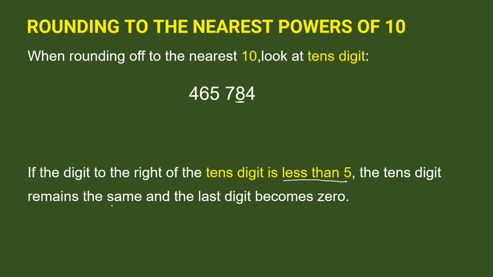The tens digit remains the same if the number to the right of the tens digit is less than 5. The tens digit remains the same, and then the last digit becomes a 0. So it means you have 465,000, 7. Then this one remains the same, does not change. And then the last digit becomes a 0. Okay, done. We have managed to round off to nearest 10.